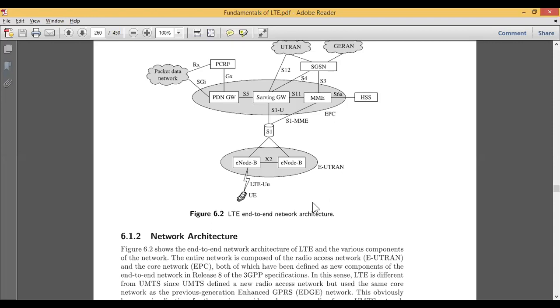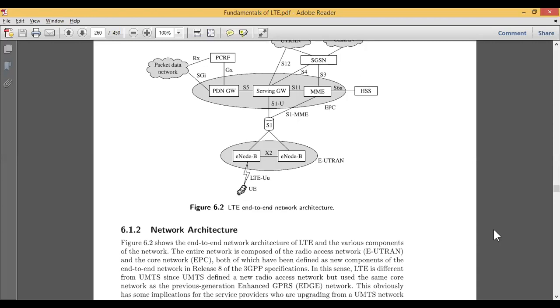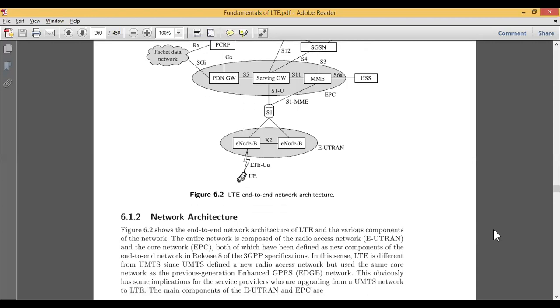You can see here that this is Release 8 of the 3GPP specification. What does this mean? From LTE, what we have seen in the previous lecture makes use of UMTS, that is a very important and very popular type of telecommunication service, the Universal Mobile Telecommunication Service.